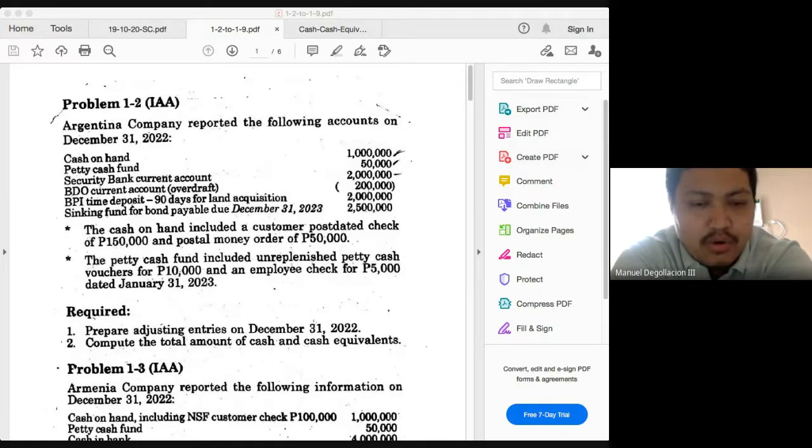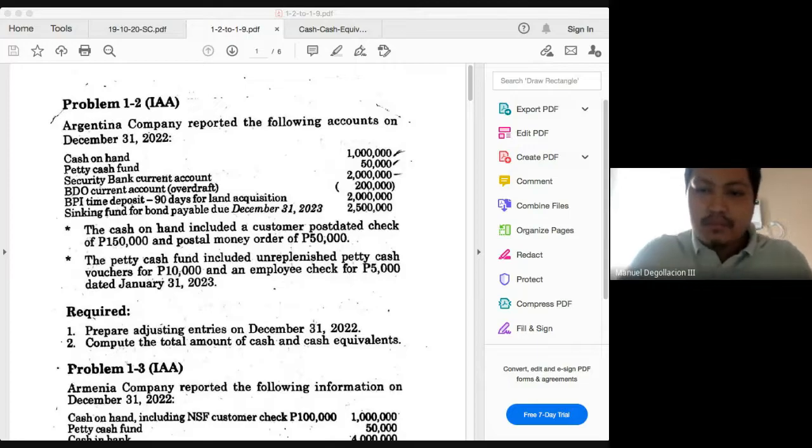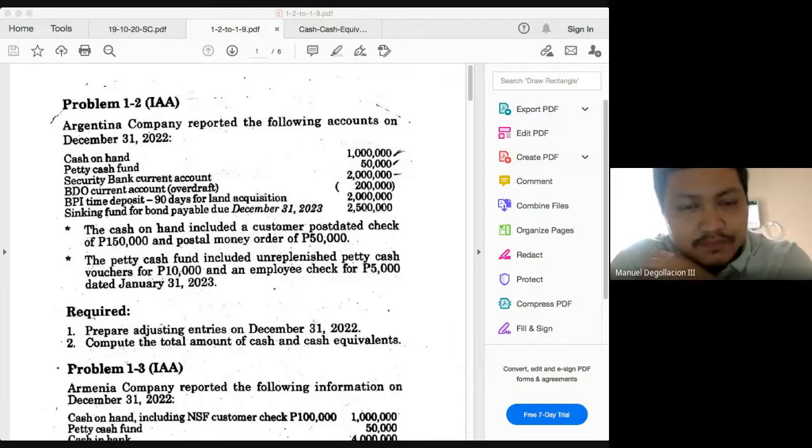And there being no additional information here, the other items would be reported as is. So cash on hand would be 1 million minus 150,000. We will have 850,000. Petty cash fund would be 35,000.